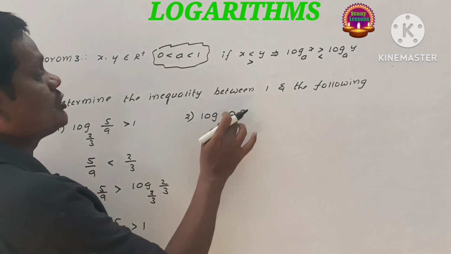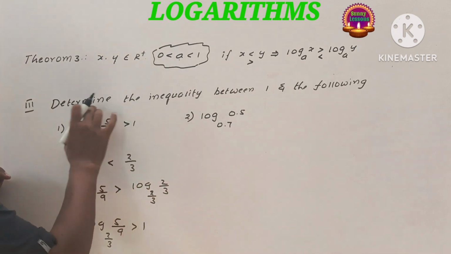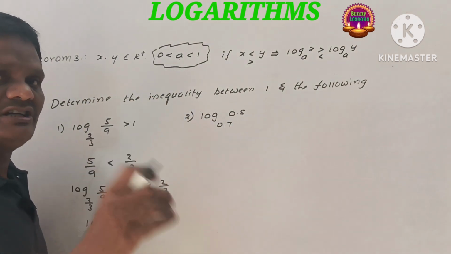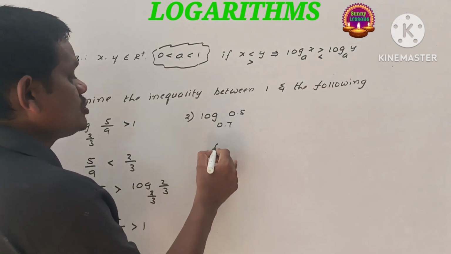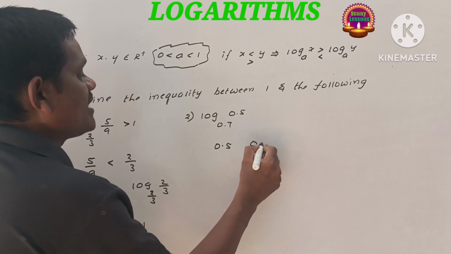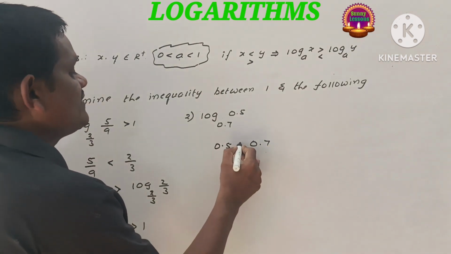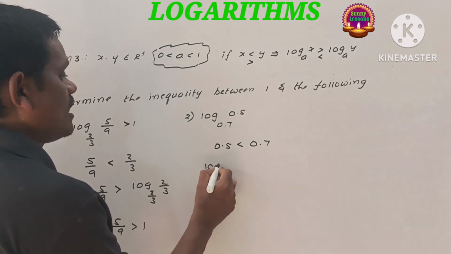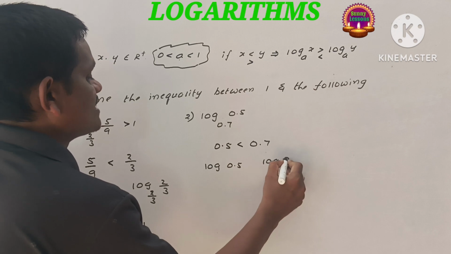Like that, log 0.5 base 0.7. In this case, we were asked to find the inequality between 1 and this one. So we have to take 0.5 and 0.7. In these two, which is greater? 0.7 is greater. Apply log on both sides, log 0.5, log 0.7.